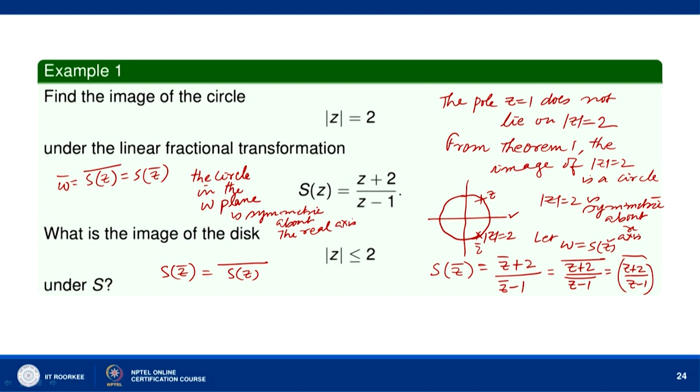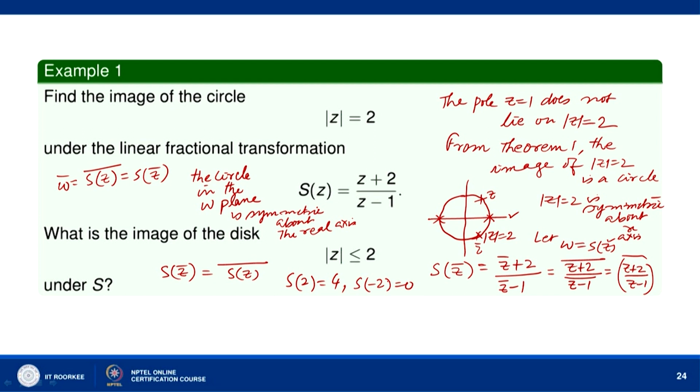Now, let us take 2 points on the circle |z| = 2. Let us take z equal to 2 and z equal to −2 and see their images under S(z). S(2) equals 4, and S(−2) equals 0. This means that the circle in the w plane is symmetric about the real axis, and the points 2 and −2 go to 0 and 4, which also lie on the real axis.